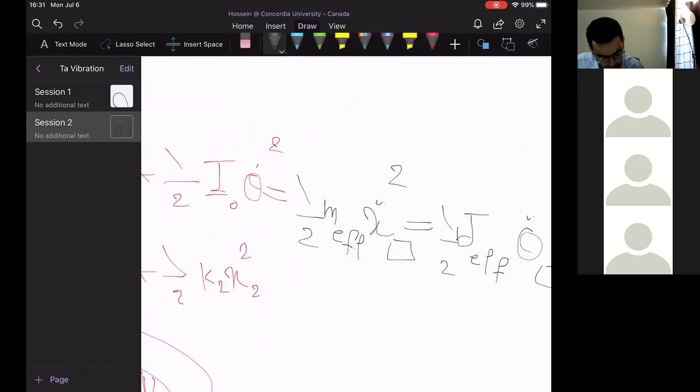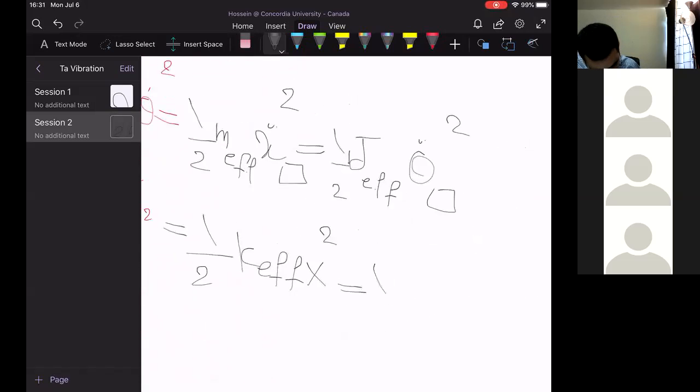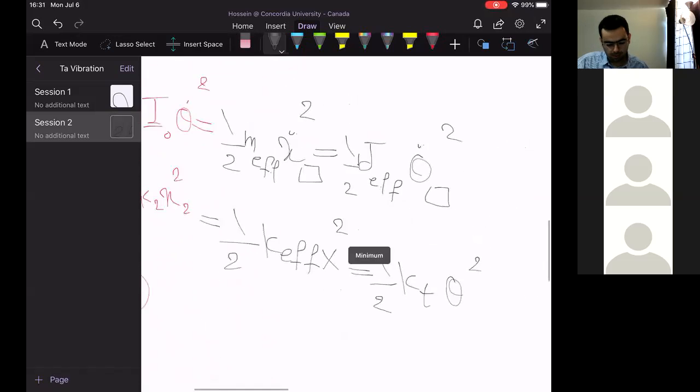Which is equal to 1/2 K effective or equivalent x squared, or 1/2 torsional spring theta squared, depending on the problem.